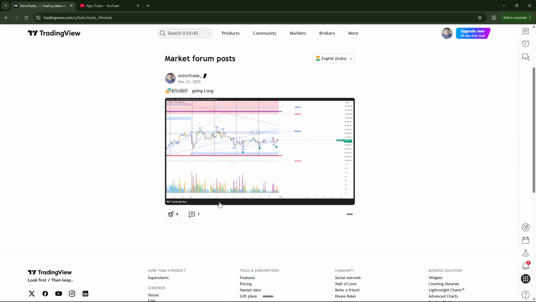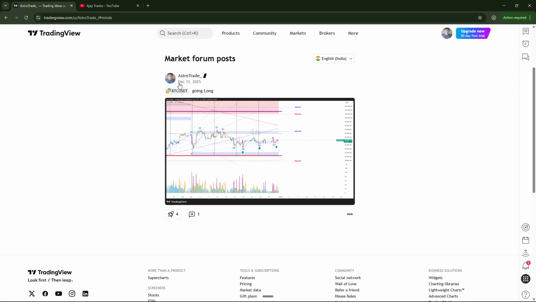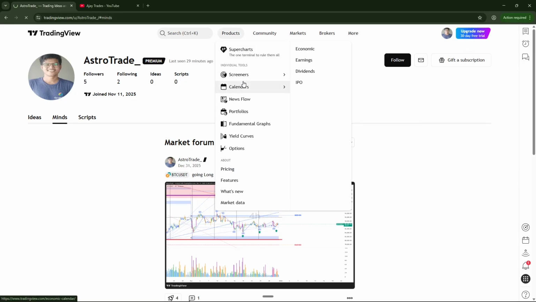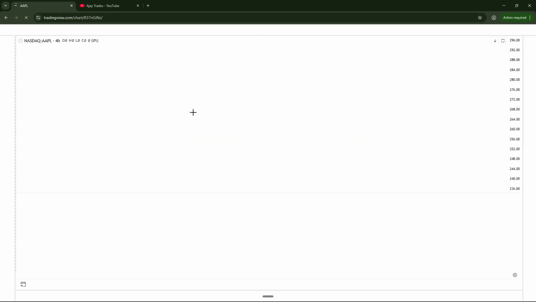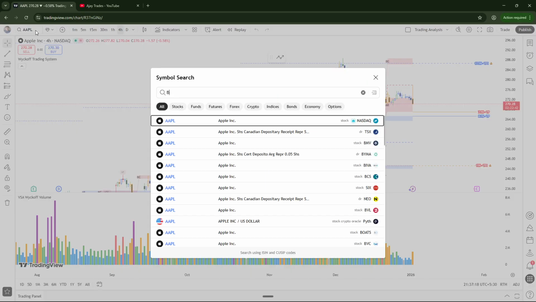Going long on Bitcoin. And what was here? You see this one was coming on this support, and LPS was making last point of support, and it hit like 89 or something, right? So yeah, and this was the 31st of December. All right. So let me go ahead and analyze the same thing again here on Bitcoin.